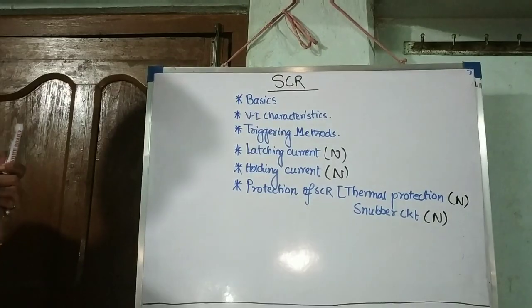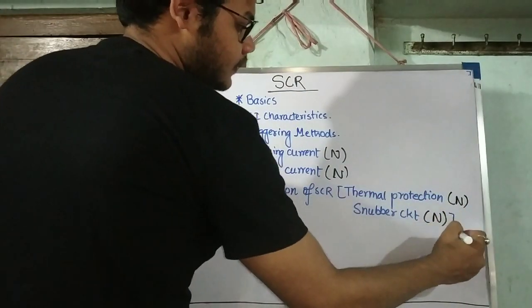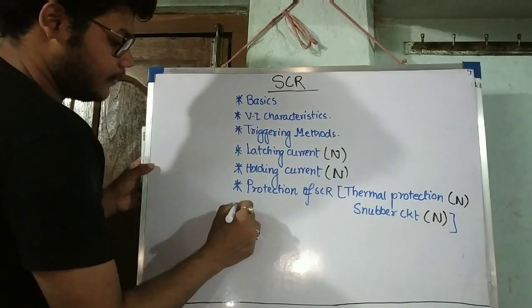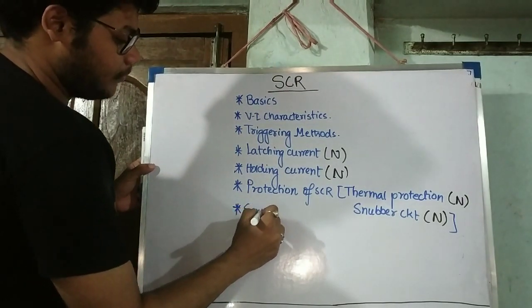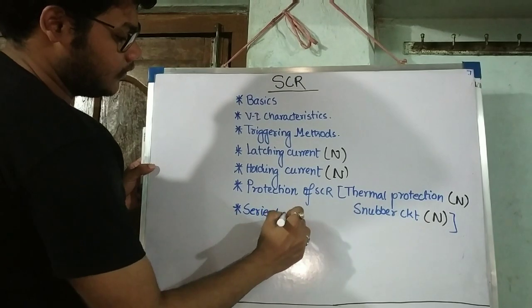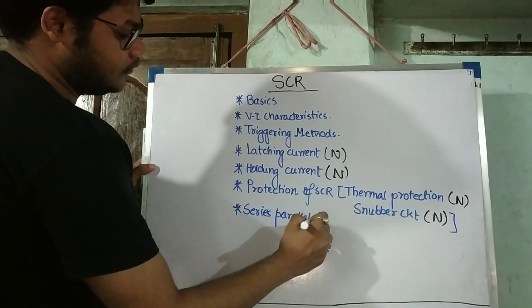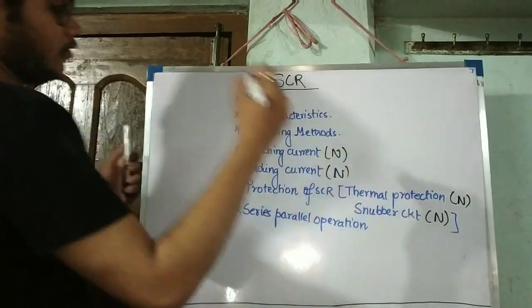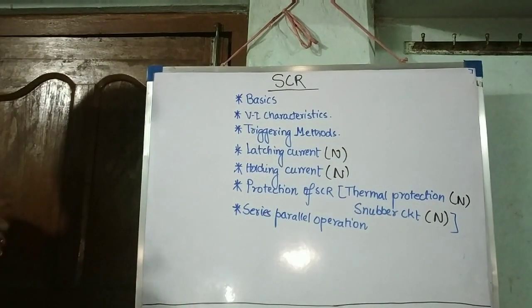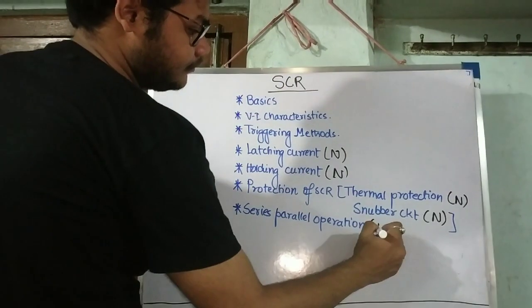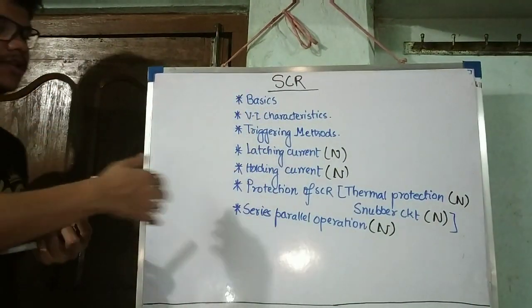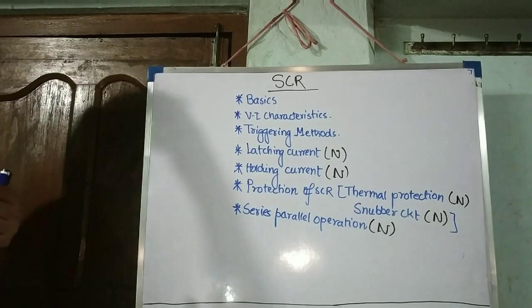Okay, so thermal protection and snubber circuit, this is the protection. Then comes your series parallel operation of SCR. Here you also have numericals. So these are the subtopics that we will learn in SCR.